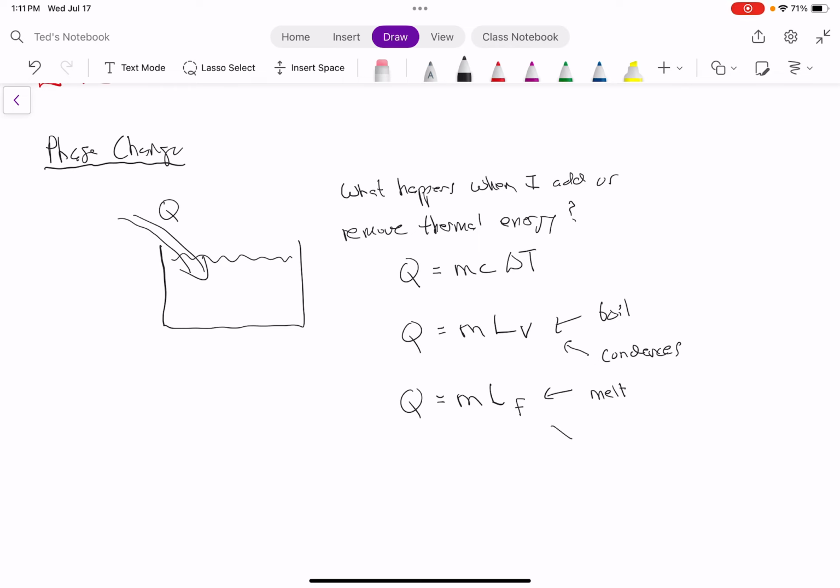And also, the inverse property is freezing. If you have a liquid and it's converting into a solid, it's going to release energy, and the amount of thermal energy released in that process is also equal to mass times the latent heat of fusion.